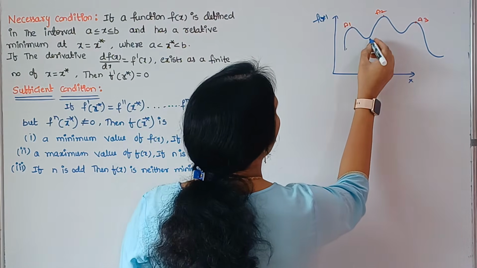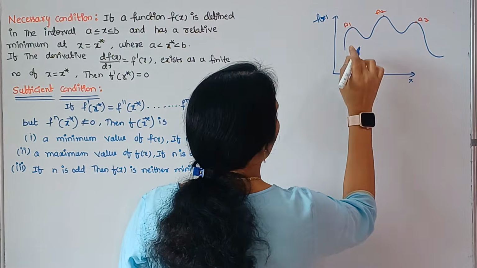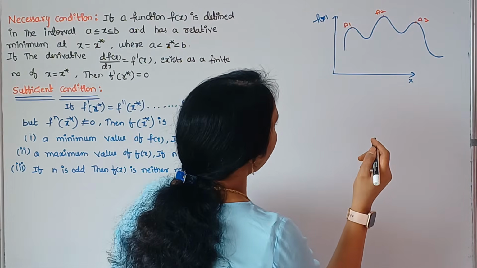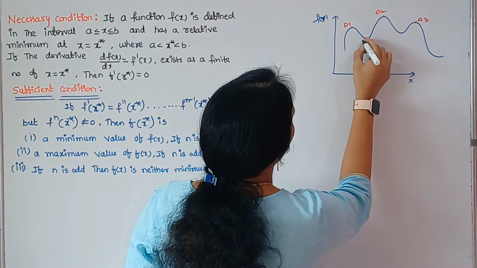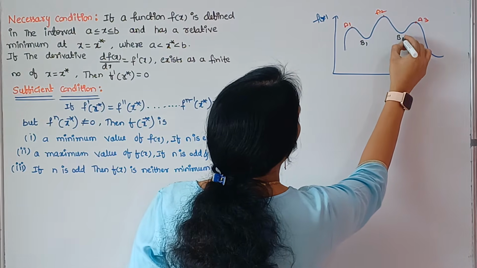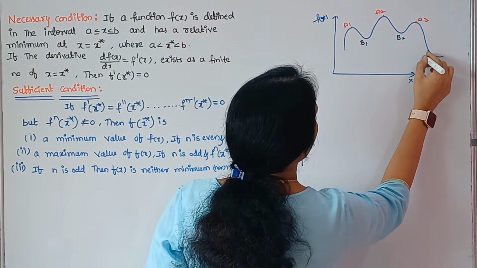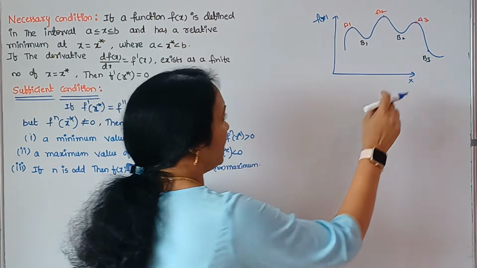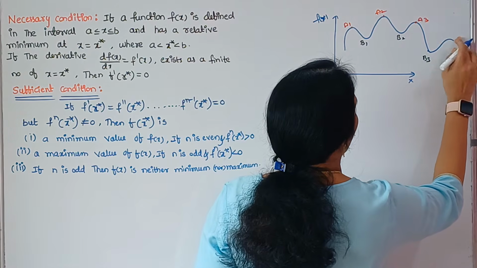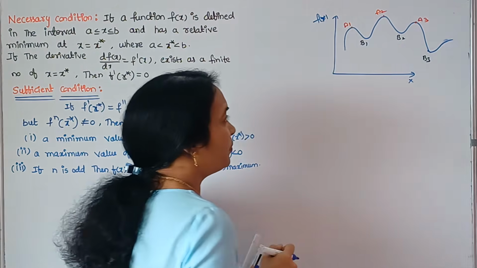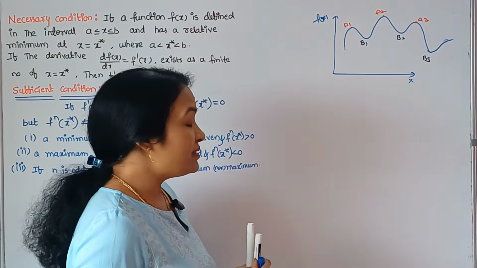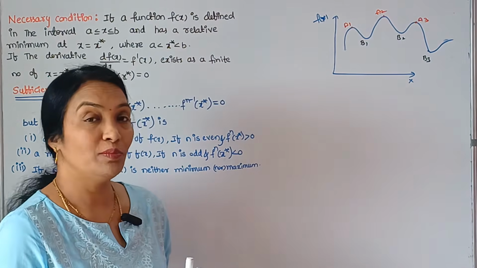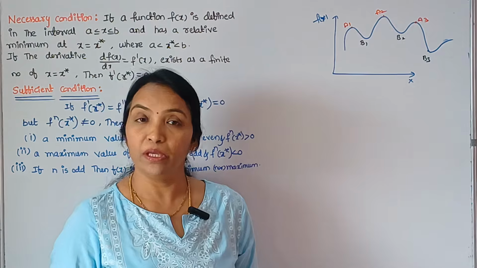And just a second, I'll take another one, b1, b2 and this is b3. When we take it like this, you should know what is the relative maximum, what is the relative minimum, what is the global maximum, and what is the global minimum.